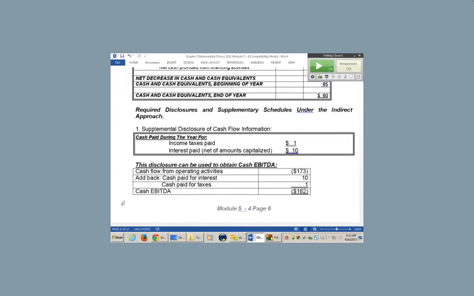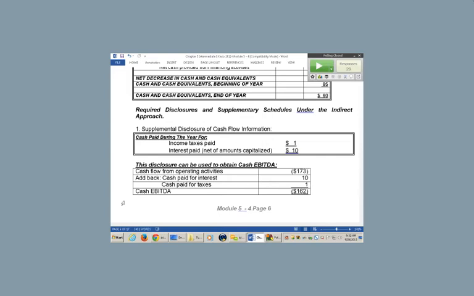So notice what happens. If you take operating cash flows minus 173, add back the cash paid for interest, add back the cash paid for taxes, you get a clean measure of earnings before interest and taxes and depreciation and amortization on a cash basis.